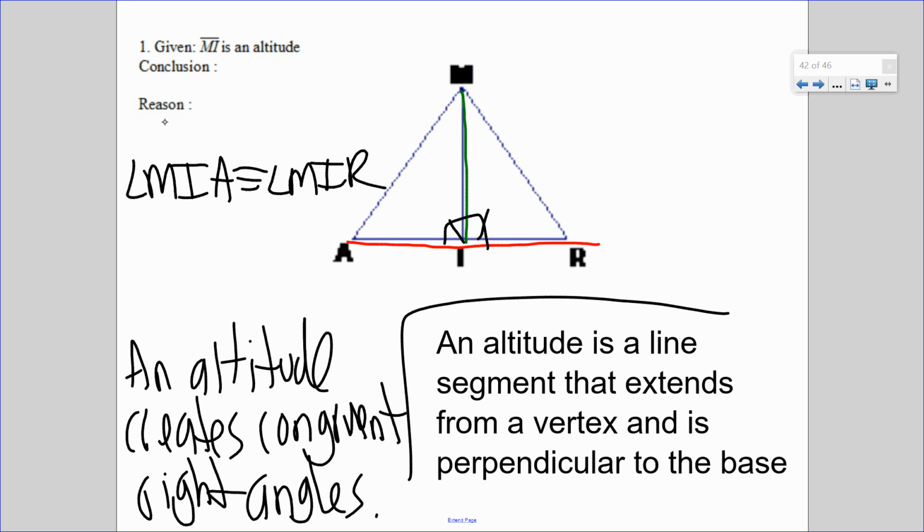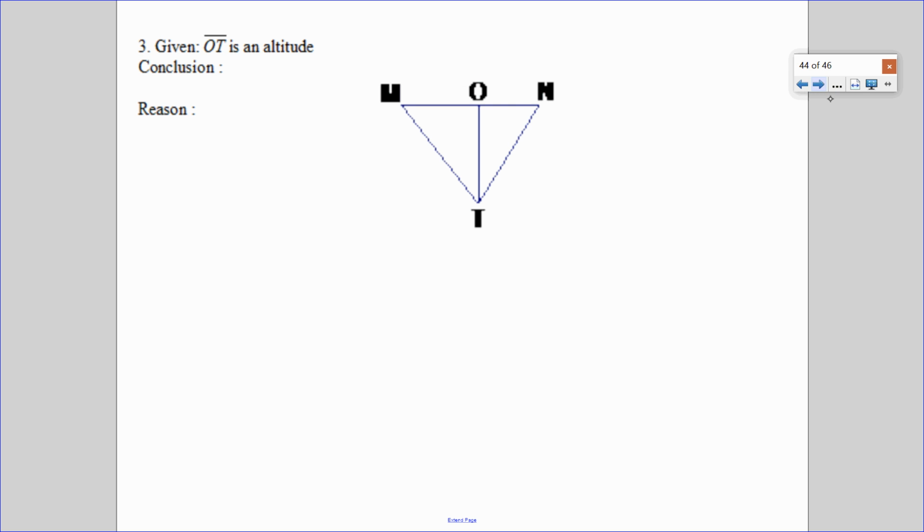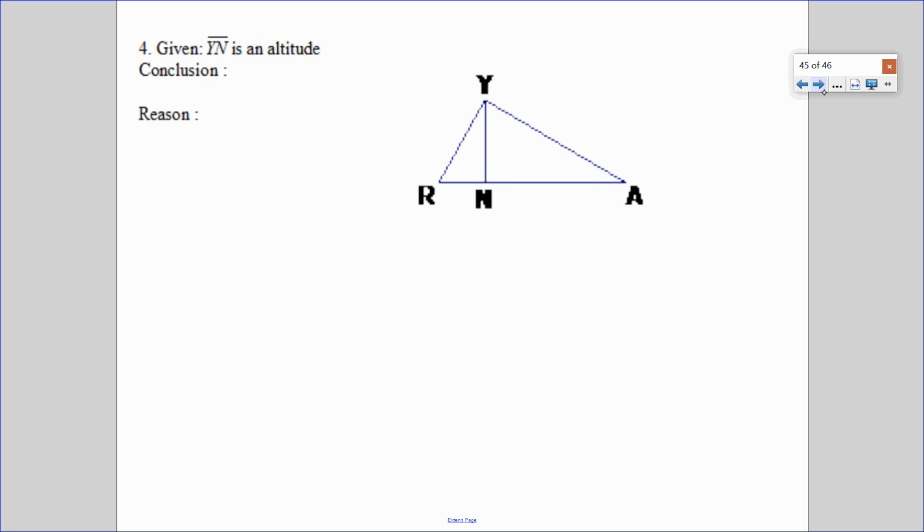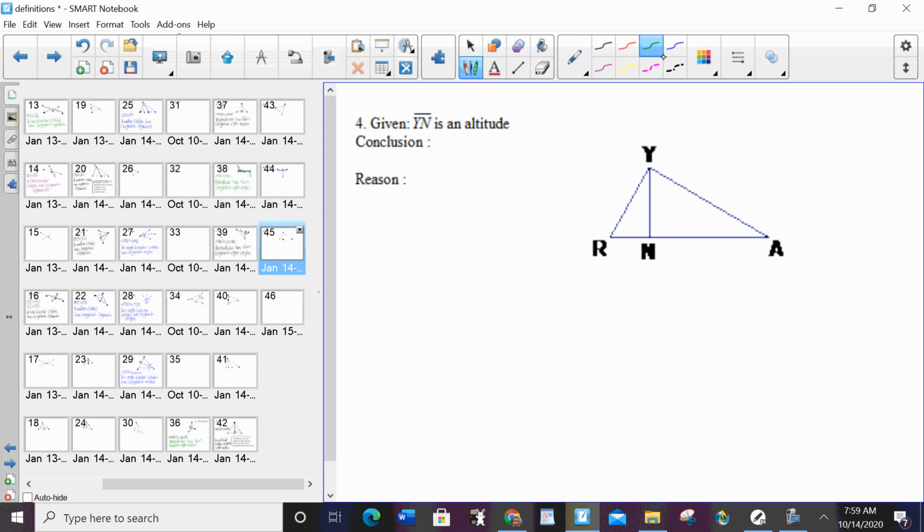Let's just do one more for altitude. It's really, again, the same thing as what we were just doing for perpendicular. I guess we can do number 2. If YN is an altitude, it creates 2 congruent right angles. So the right angles are where the altitude hits the base. So YN is the altitude.